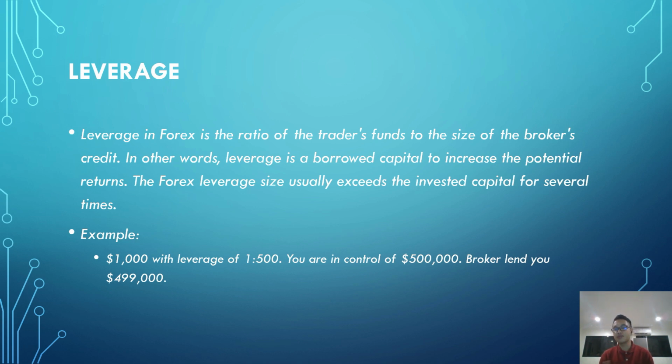But does the broker have risk? Actually, you trade by margin, and there's a calculation on it. You could Google it. So when our margin level becomes 150% for the broker that we are using right now, which is FX Primus, the broker has the right to close all the trades, because that is what we call a margin call. Why? Because the broker also wants to protect the 499,000 that they lent you.